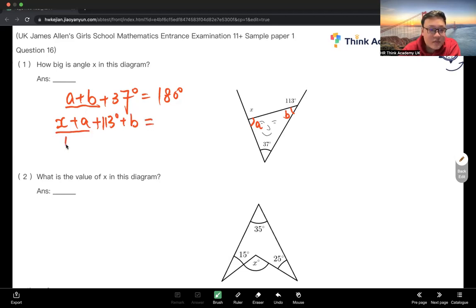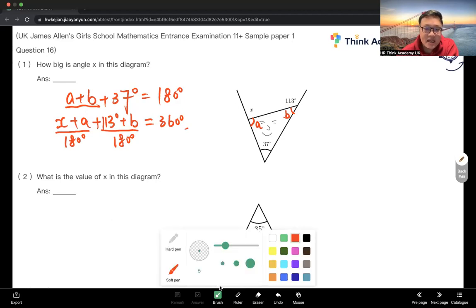You see, these two give you 180 because that's a straight angle, and these two add up to 180. So in total, that'll be 360 degrees. Okay, so far so good. Now you're going to put A and B together and then eliminate it.